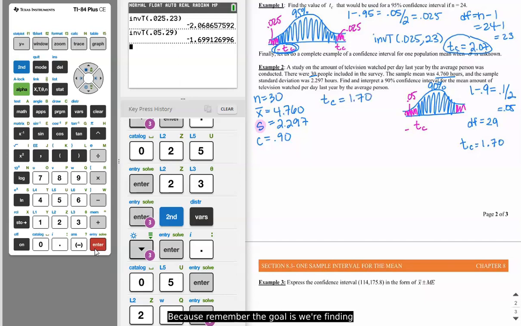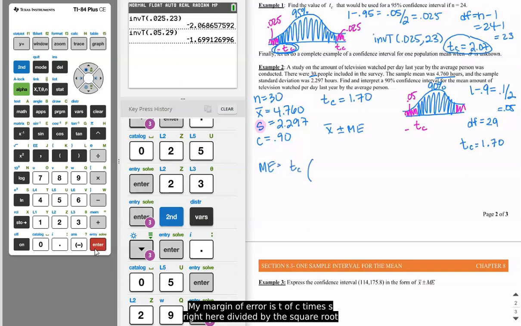Because remember, the goal is we're finding x bar plus or minus the margin of error, or just the error. So my margin of error is t_c times s, divided by the square root of n.